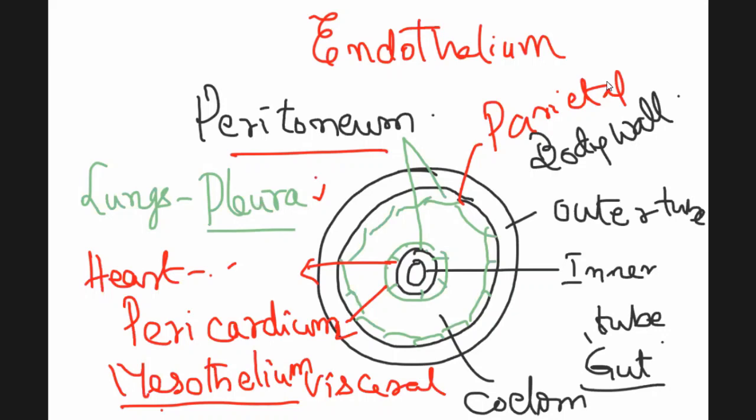Then the heart has pericardium. Actually, this pericardium is of two types. Let's say this is the heart, and there is a covering around the heart.